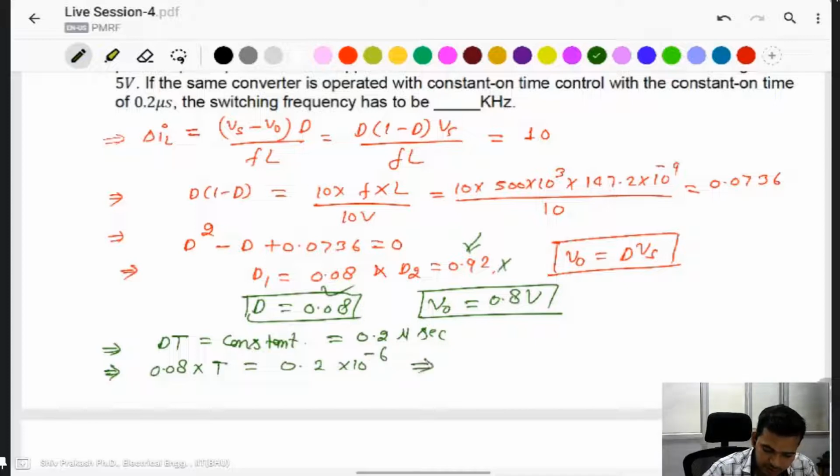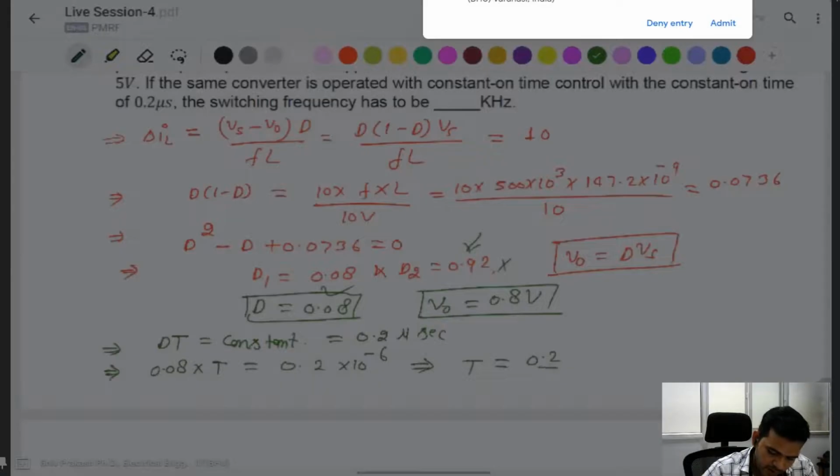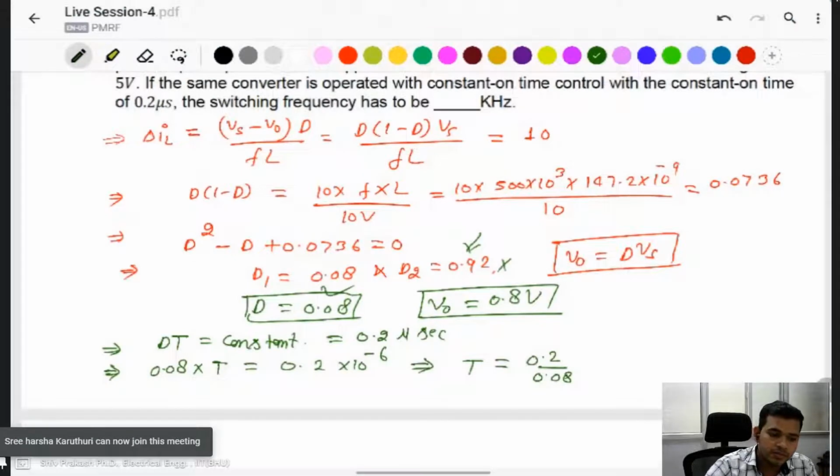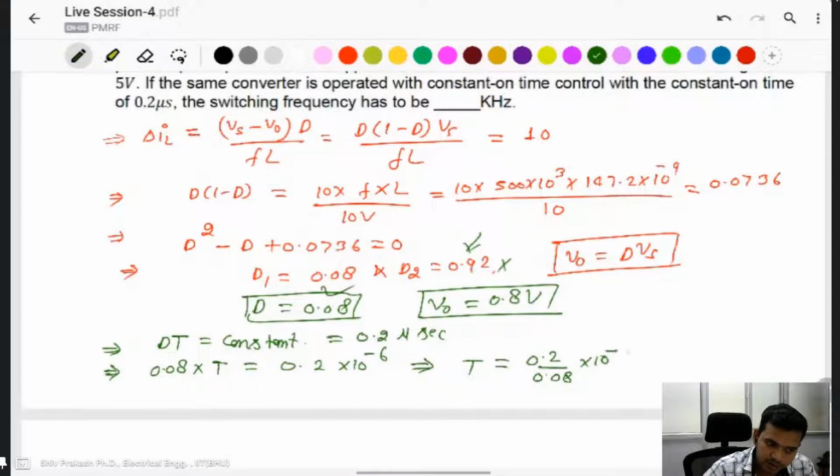That's why you find T. T is equal to 0.2 divided by 0.08 into 10 to the power minus 6, which is 2.5 into 10 to the power minus 6.